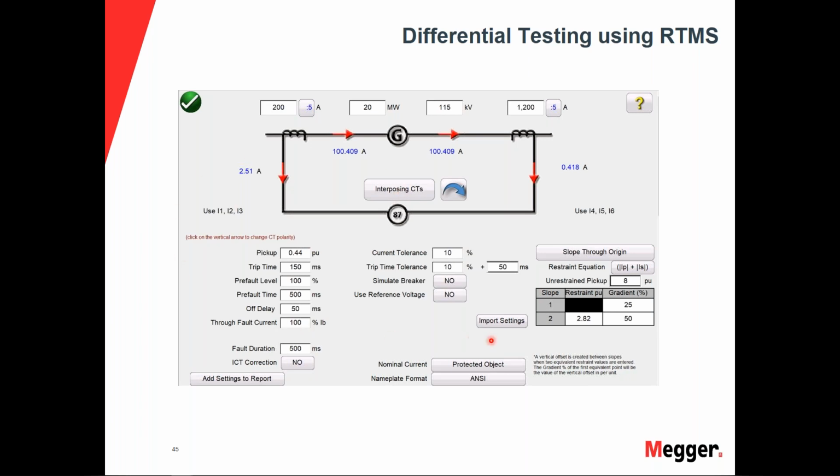This is the setting template. The setting template has a way for us to input the setting values, and again, we're getting these values from the settings. Nothing in here is made up. We follow everything from the manufacturer's guidelines.